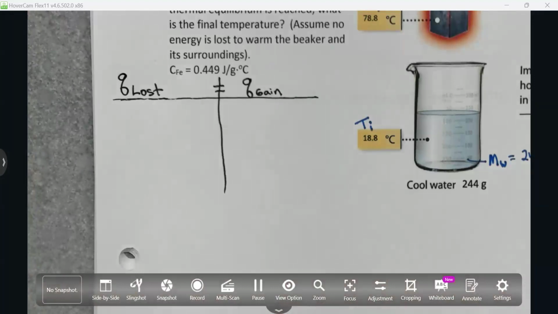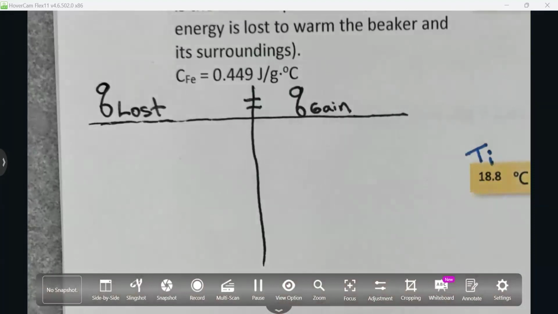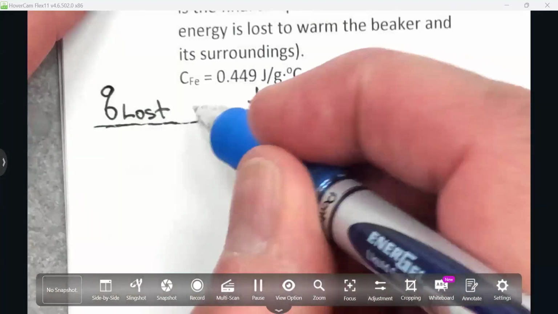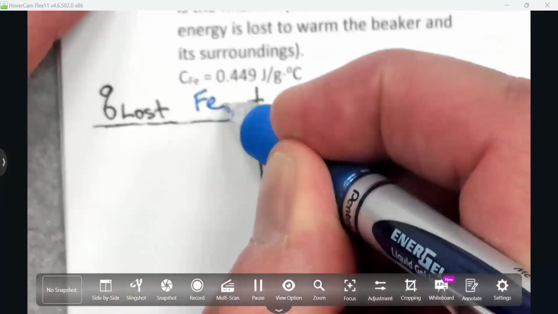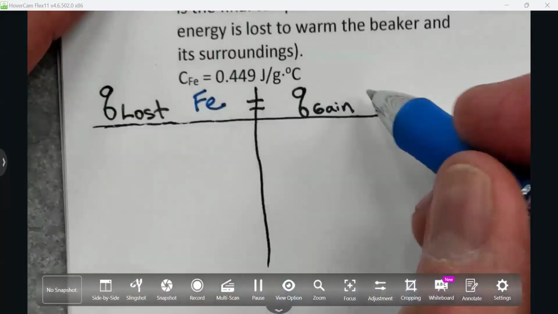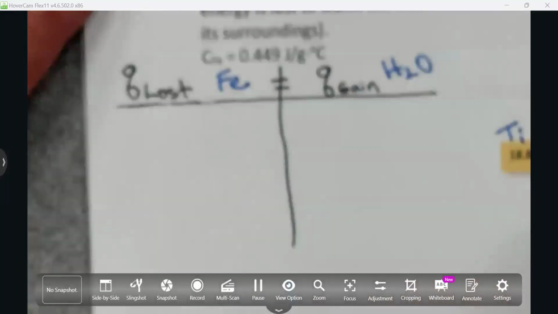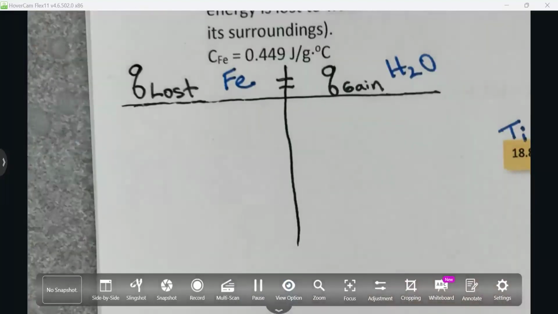Which one is going to lose heat energy? We know the iron's going to lose heat energy, correct? We know that the water is going to gain energy. Right?